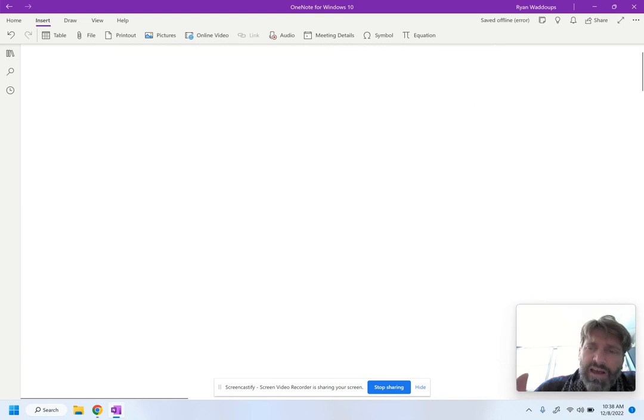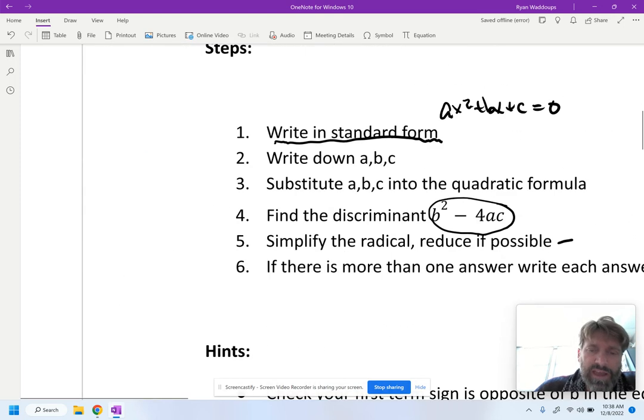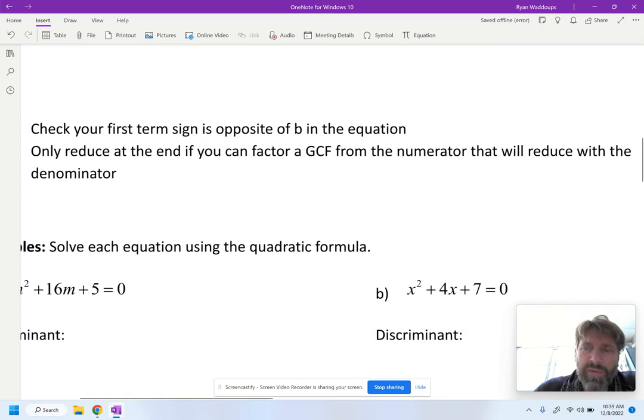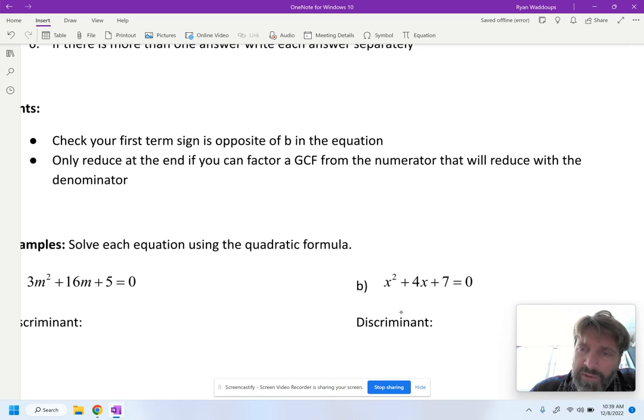Some hints. Check that your first term's sign is opposite of b in the equation. Remember, the quadratic formula is x equals negative b plus or minus the square root of b squared minus 4ac, all over 2a.